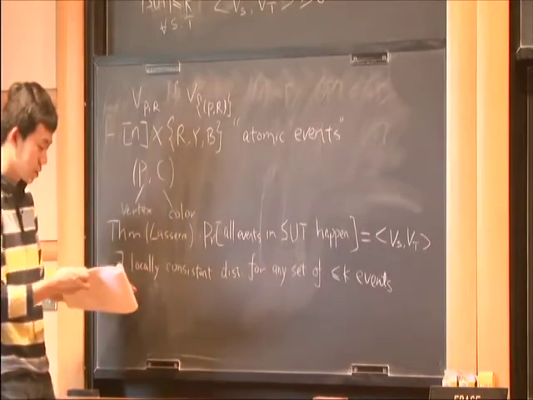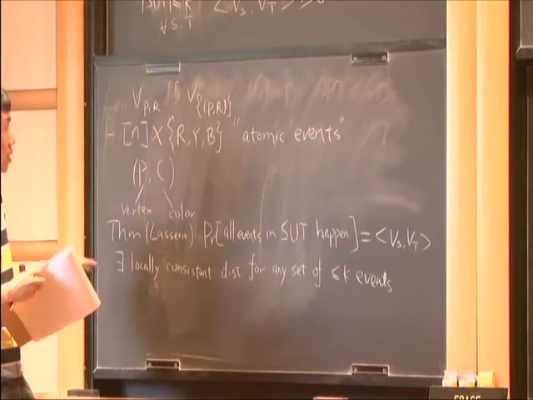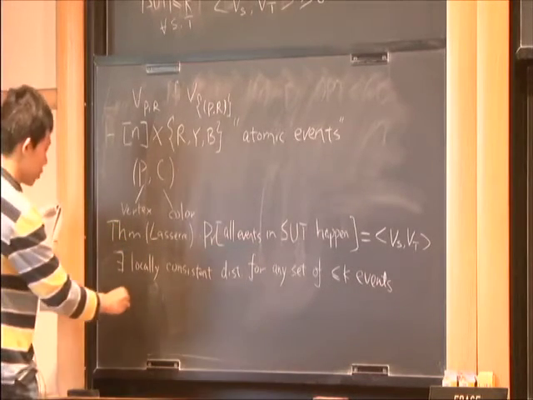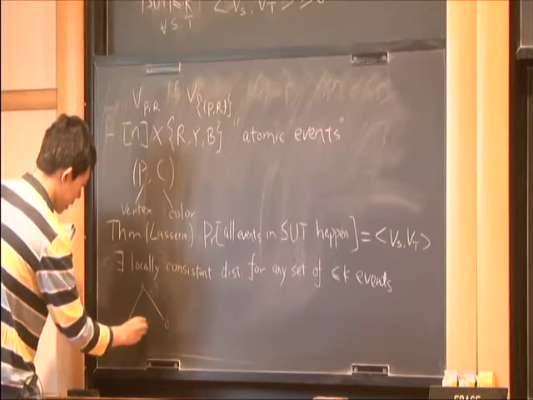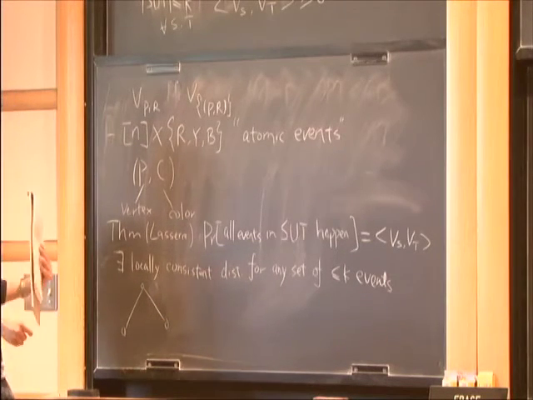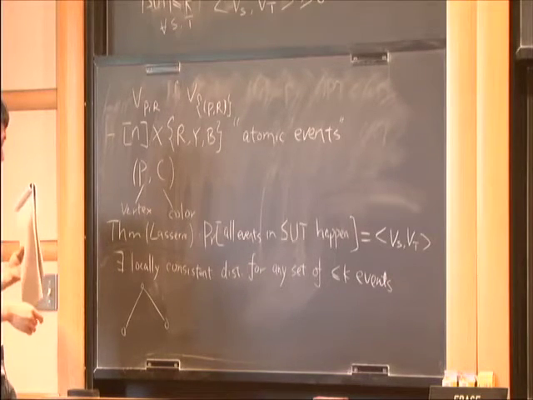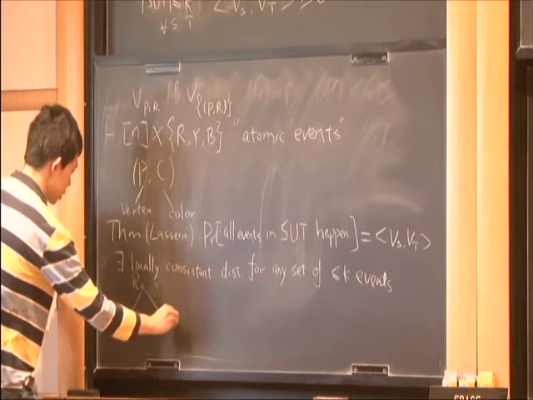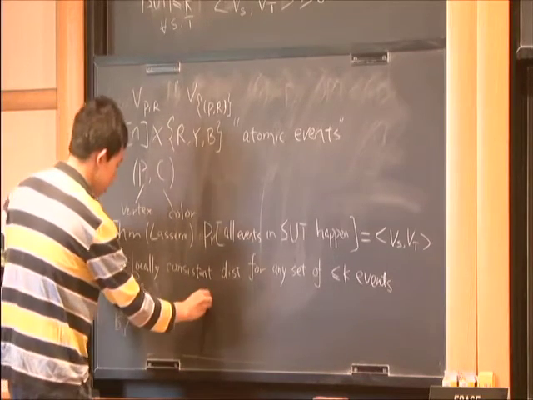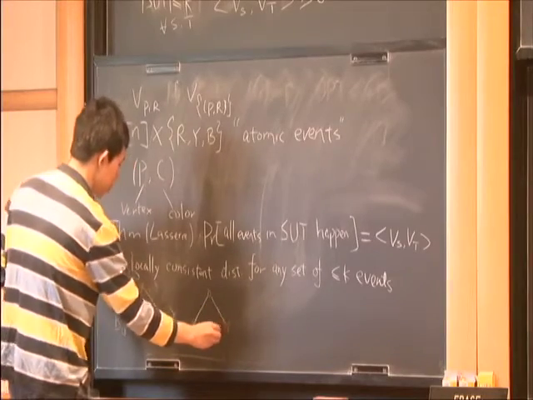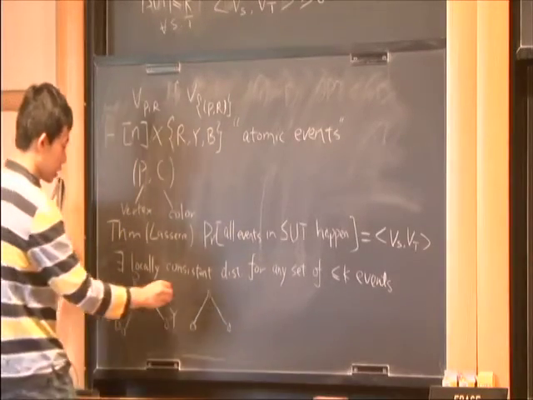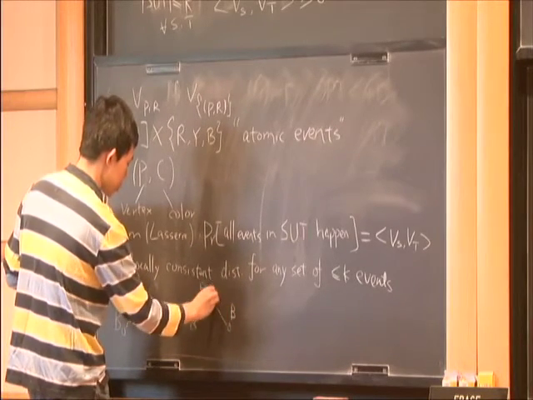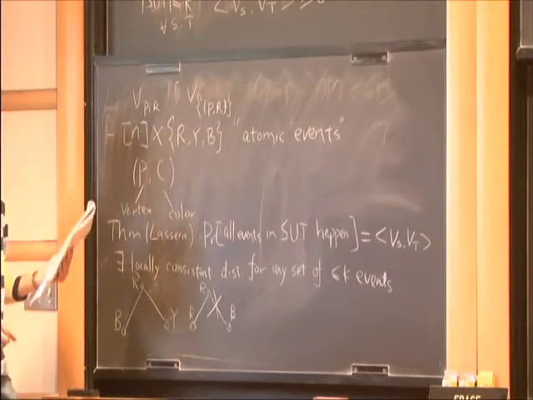Here, locally consistent means that the distribution is only over the valid solutions. For example, if you have this graph, then the distribution will be over the valid solutions. For example, this is a valid solution, but the distribution will not have positive weight on something like red, blue. So this will never appear in the distribution.